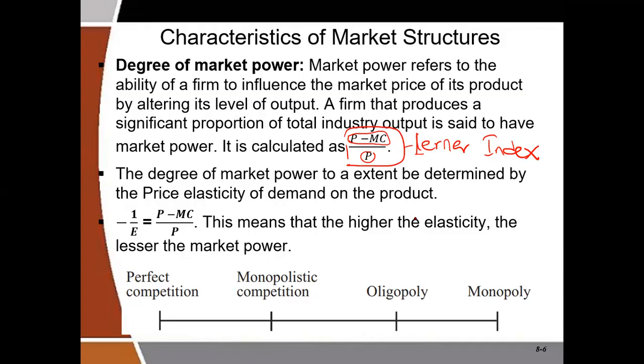But if a good is elastic, a small increase in price will lead to a very big decrease in quantity. So the extent to which monopolies can even exercise their market power can be restricted by the elasticity of demand. So I'm going to show us a proof, a mathematical proof of this.